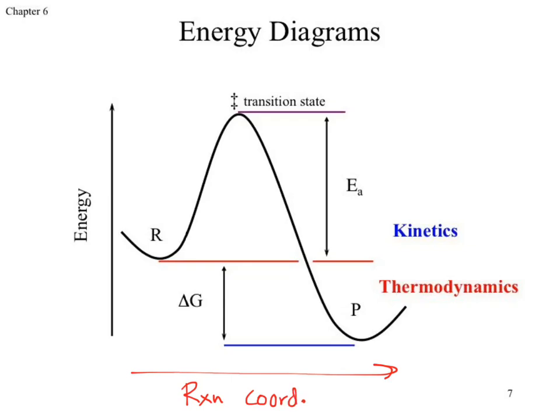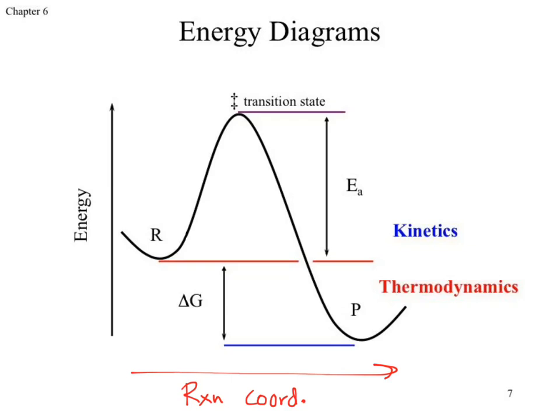Where are your reactants? Where are the reactants in the energy diagram? R for reactant, which is typically found on the left-hand side, just like an overall reaction. Products, P on our right-hand side. Okay. Where's the intermediate?